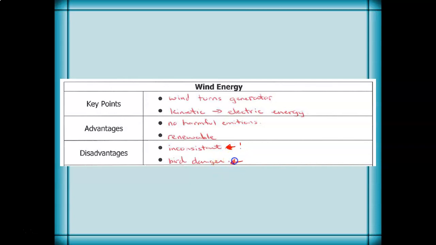And the danger to flight paths and birds: the best place to put the windmills, honestly, is where the birds tend to think is the best place to fly as well. And therefore, the ecological aspects of this can be pretty significant. There's also a third disadvantage here, and that is the pollution in production.